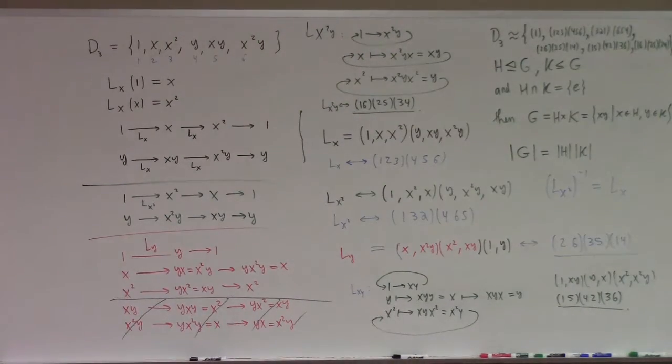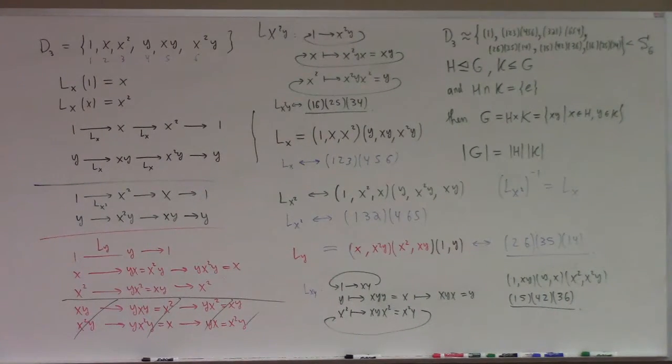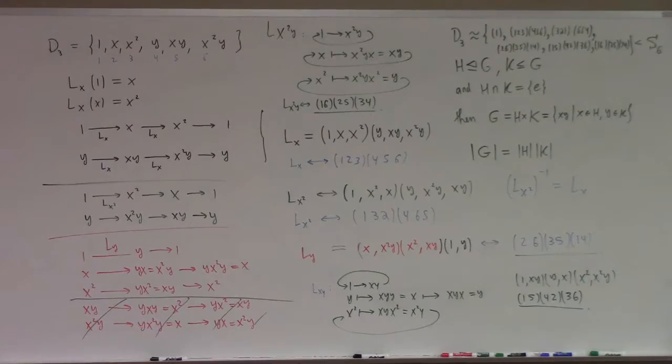The way I stated Cayley's theorem, it didn't quite look like this, right? But the other version basically says that every finite group of order n is isomorphic to a particular subgroup of the symmetric group in n letters, which of course has order n factorial, to be more clear.